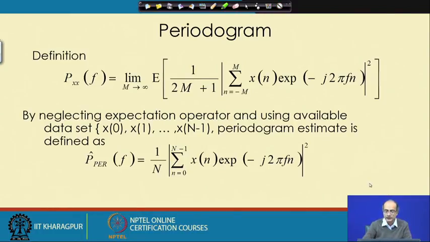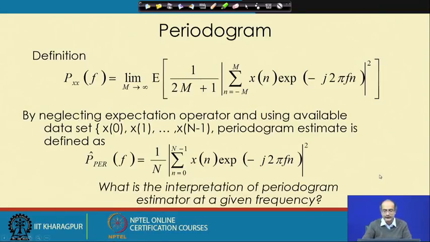Now, the question that comes to us is, what is the interpretation of the periodogram estimator at a given frequency? We know that PSD is defined in such a way, and PSD has an interpretation. PSD gives us the energy at a particular frequency, but the periodogram is somewhat different, though they have a relationship.